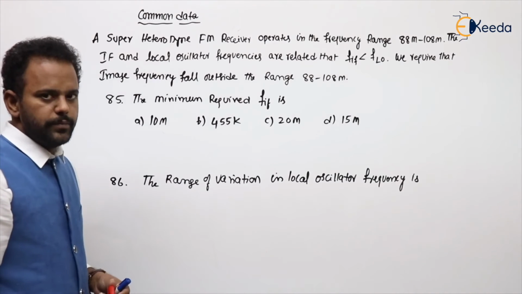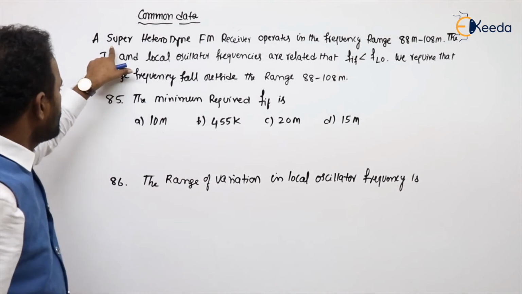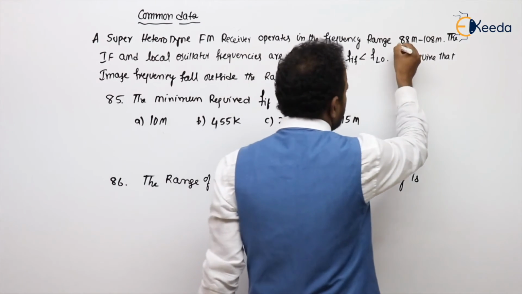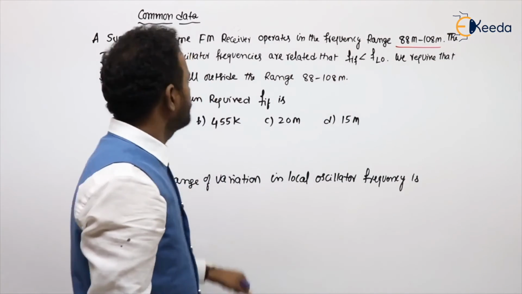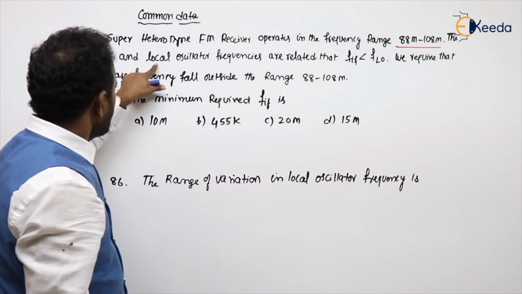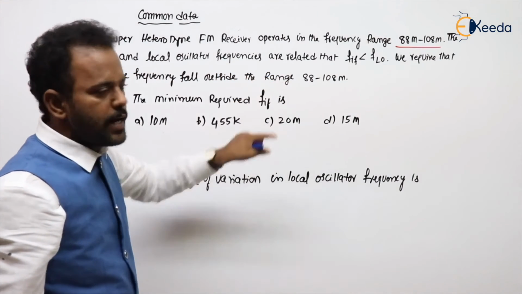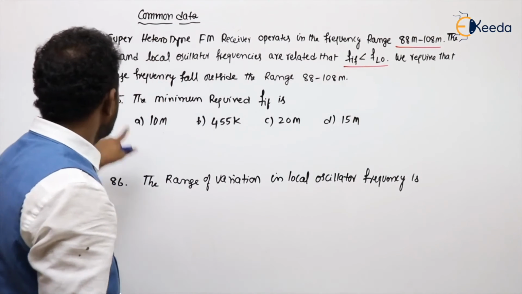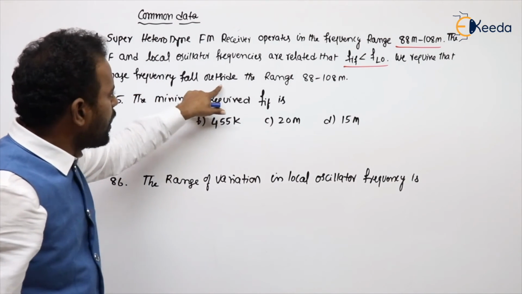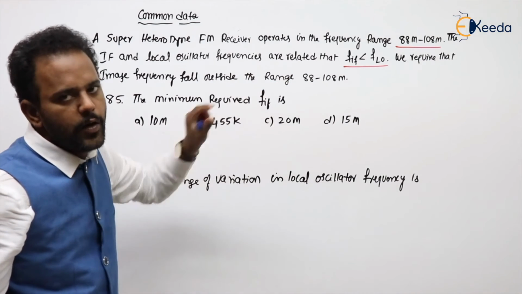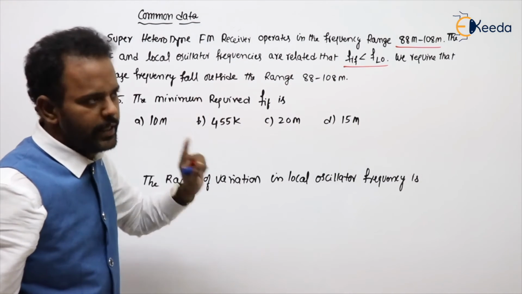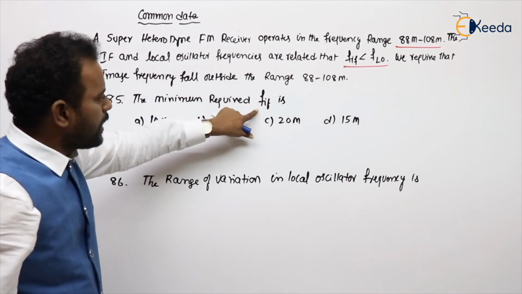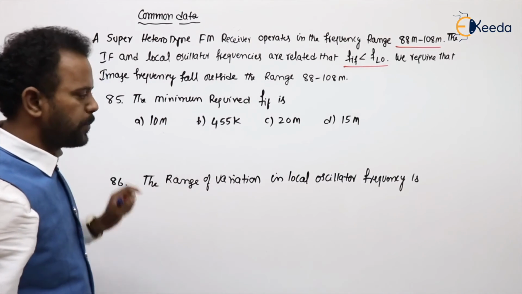See the next problem on the FM receiver. A superheterodyne FM receiver operates in the frequency range 88 to 108 MHz. The IF and local oscillator frequencies are related by fIF less than fLO. We require that the image frequency falls outside the range 88 to 108, meaning outside the tuning range. First question: the minimum required fIF is, with some options given.